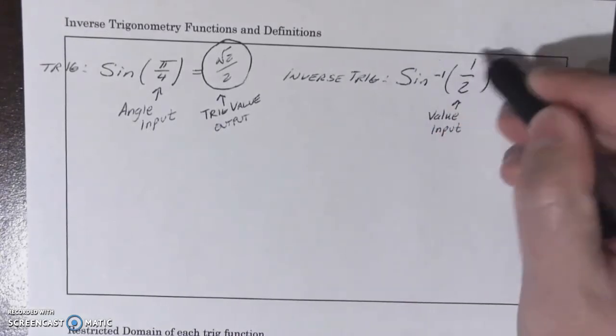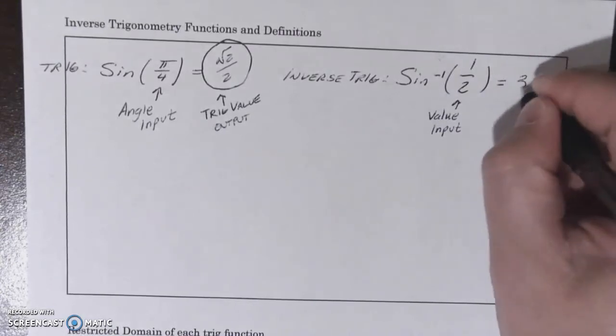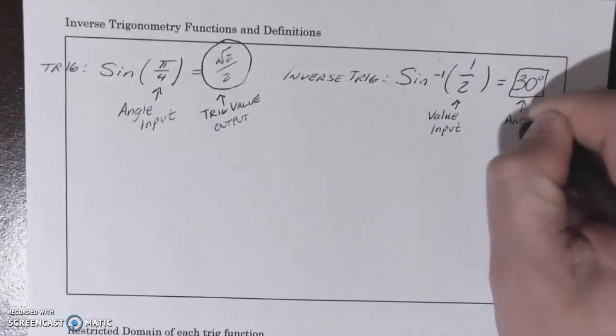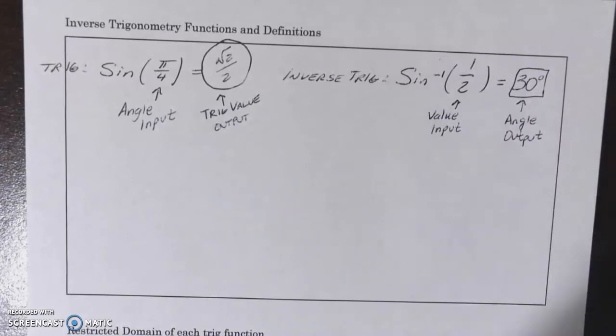This value happens to be on the unit circle, and our output is going to be an angle. It is the reverse, or the inverse, pun intended, of what we did in sections 5.1 and 5.2.